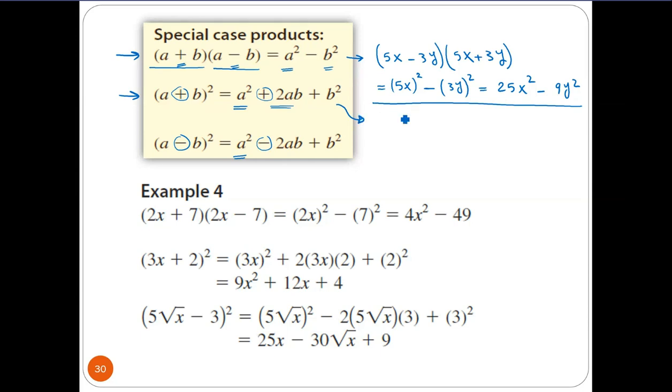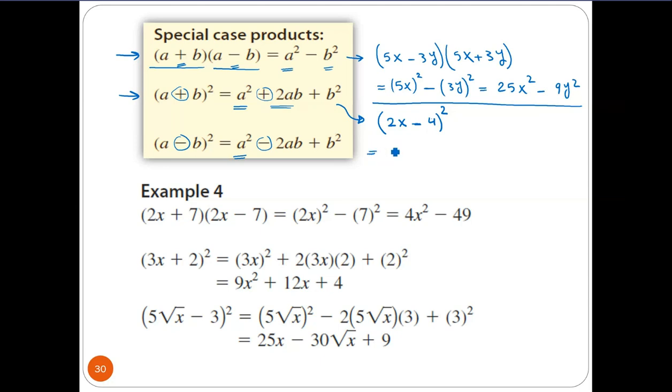If we have 2x minus 4 all square, like this, how can we simplify or find this product?